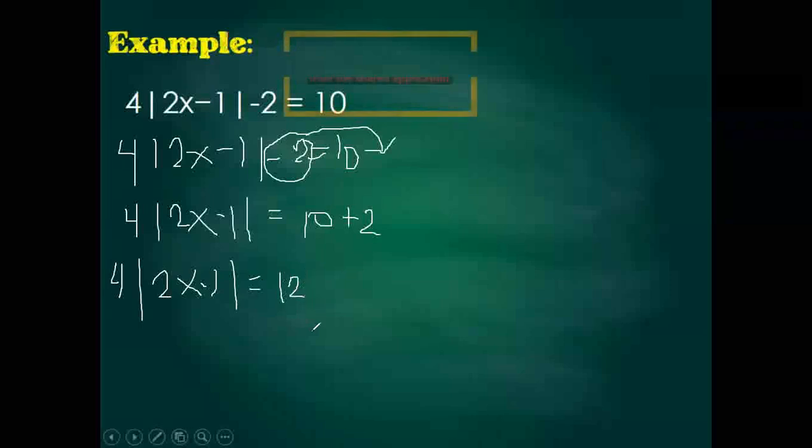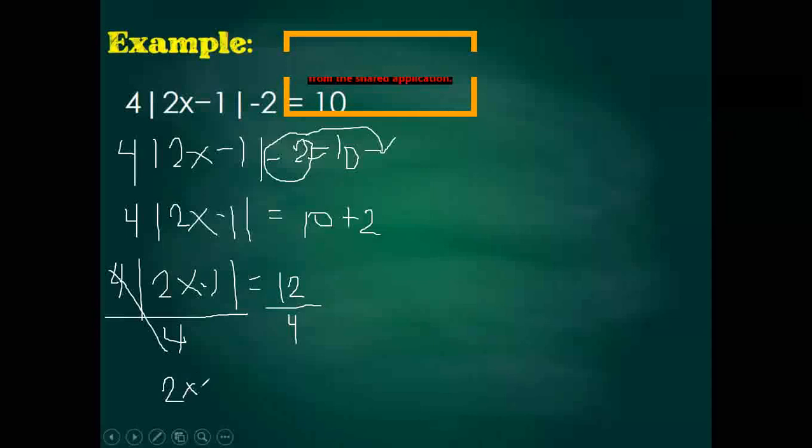Now, you need to cancel this 4 here. Divide both sides by 4. Cancel. So it will be absolute value of 2x minus 1 equals 3.